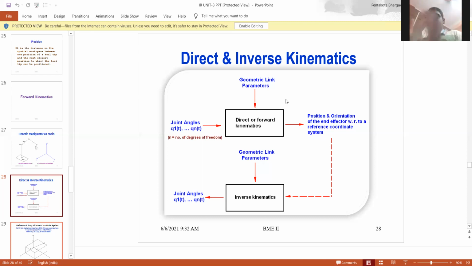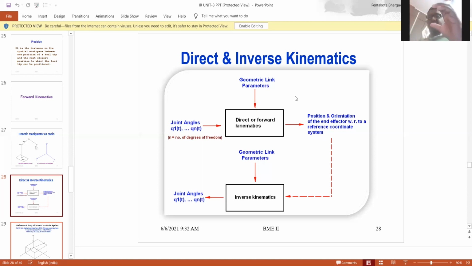For example, this is the forward and this is the inverse. These are the positions in the working area. For this robot system, the forward and inverse kinematics are also linked. These are step by step and involved together.